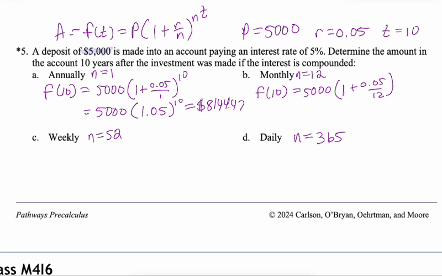And then our power, remember, is the N and the T multiplied together. So our N is 12, our T is 10, 12 times 10. I'm just going to write 120 because then that will make that a little clearer. It'll pop for you, I think. Now, if you take the time and enter that into your calculator, so you might want to try it yourself, round it to the nearest penny, I get $8,235.05.